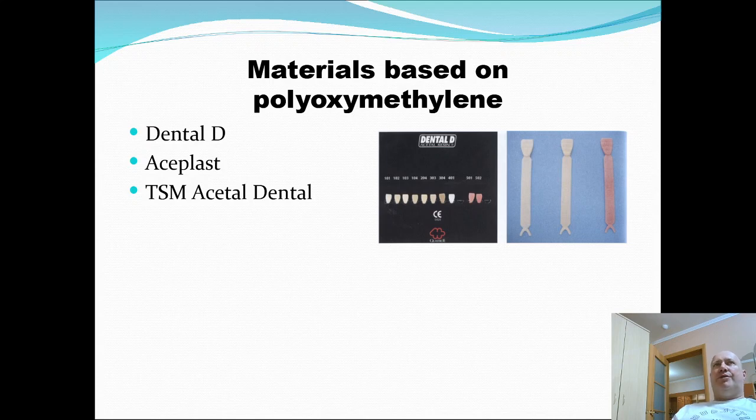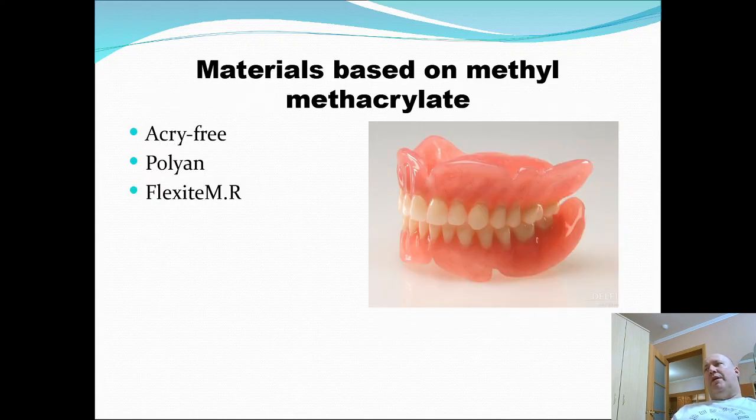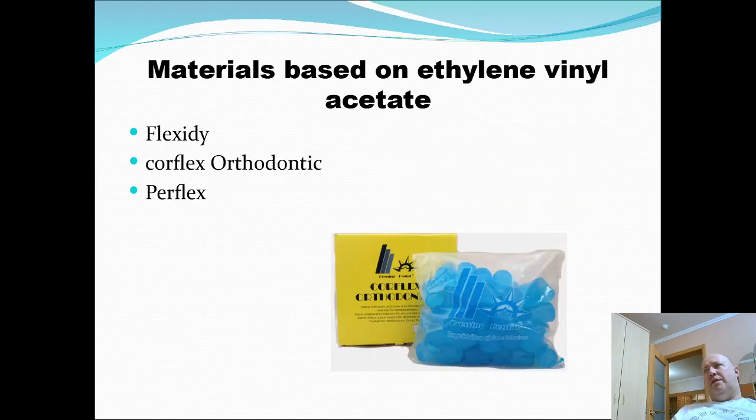But this arc is not as hard as one made from metal. Then polypropylene, Lipol. Then methyl methacrylate materials: Acry Free, Brown Flexite. And ethylene vinyl acetate, this is Perflex and Flexity.